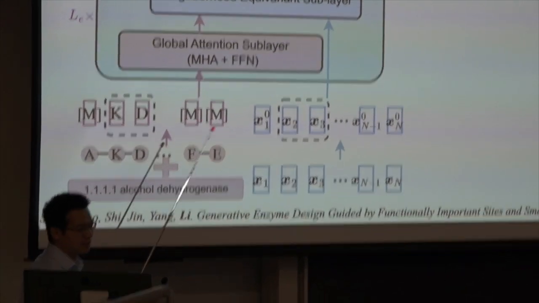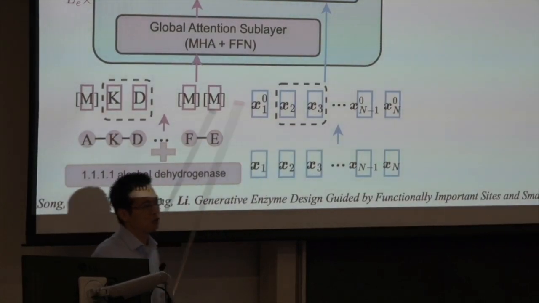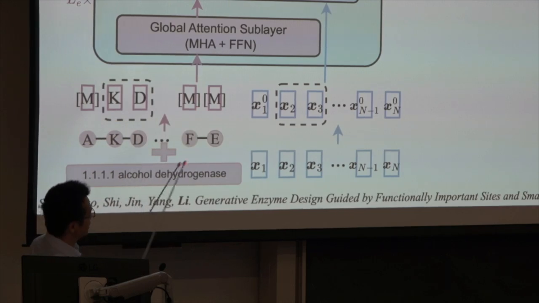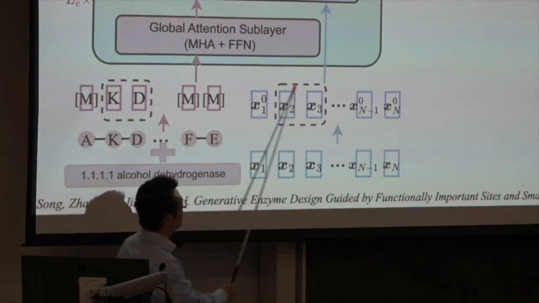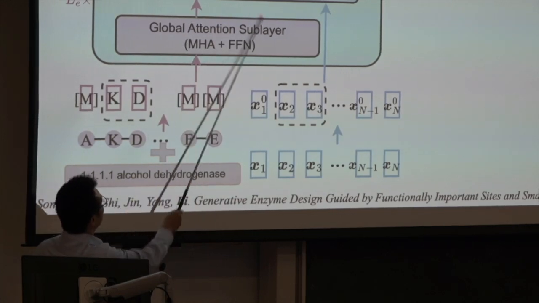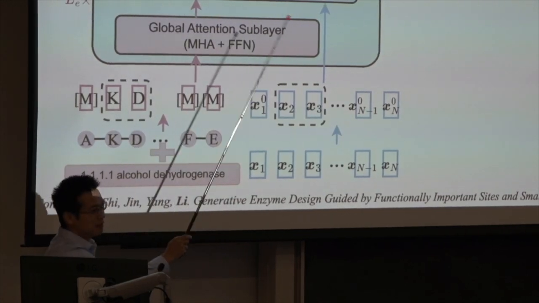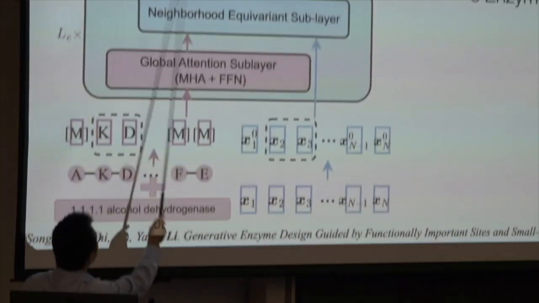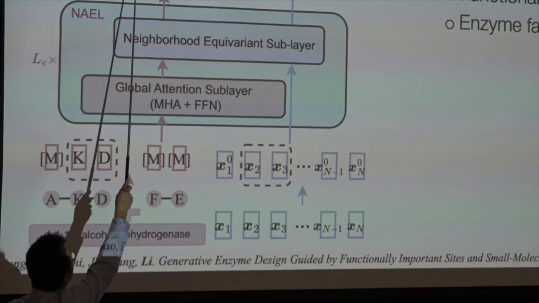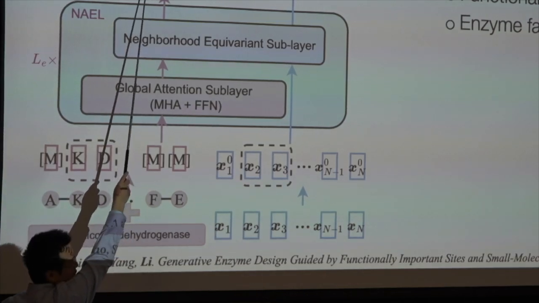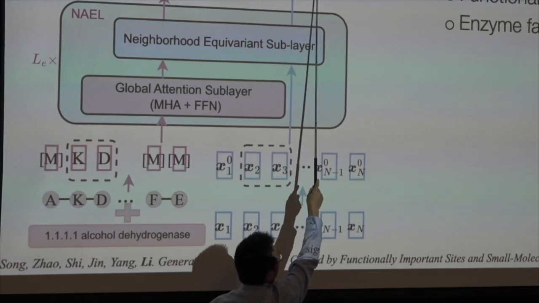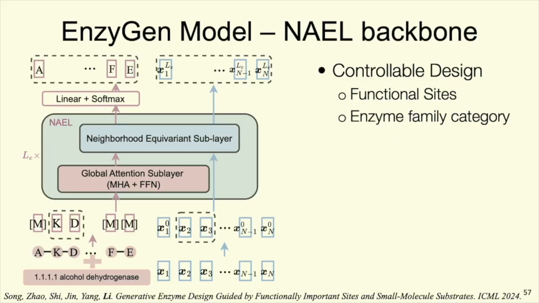So we use the same idea as in BERT. We mask some portions of the sequence along with their coordinates. And through our design model called NAEL, the neighborhood attentive equivariant layer, it's trying to recover those masked residues, as well as their masked coordinates.